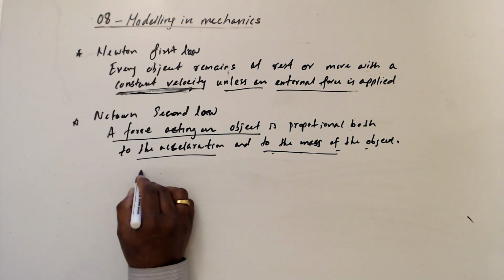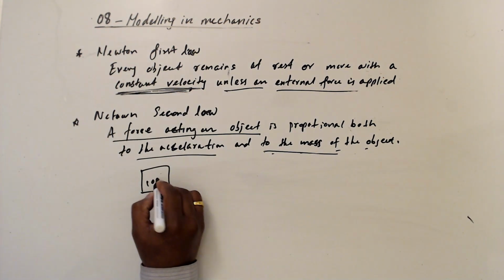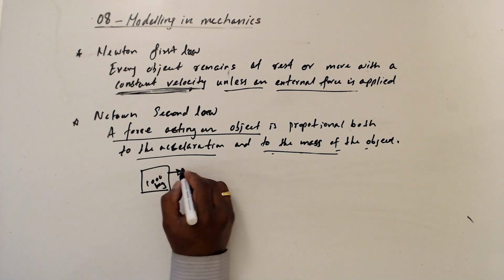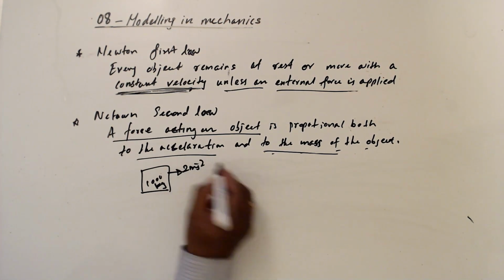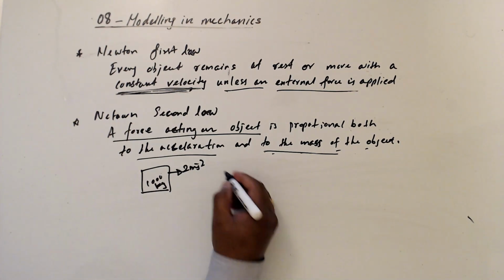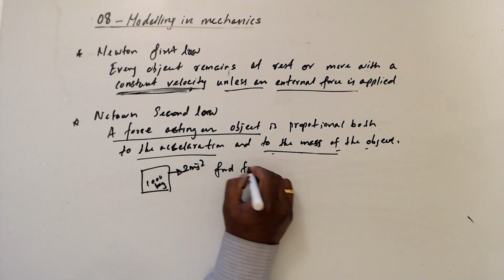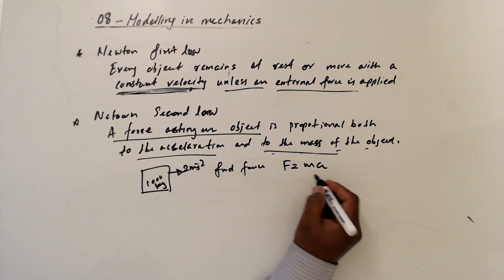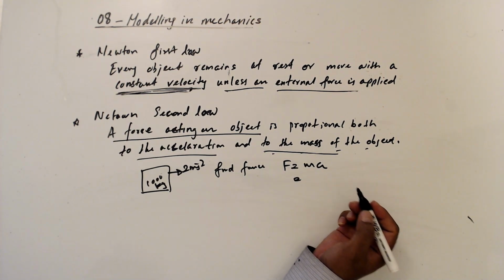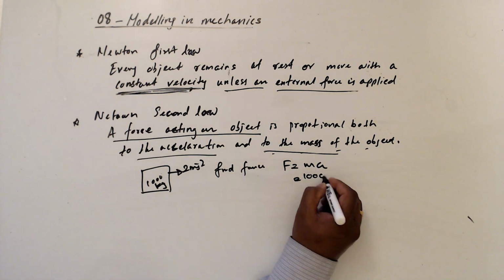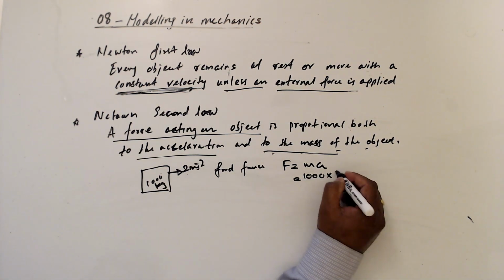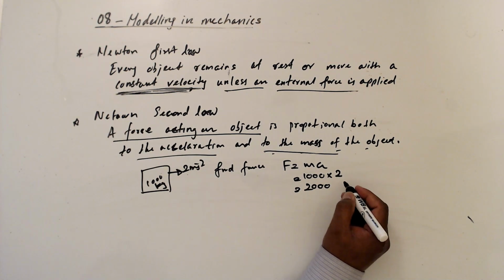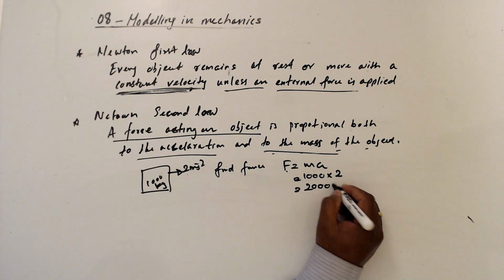Assume we have a mass of 1000 kg and I want to give an acceleration of 2 m s^-2, and I want to find the force. So the equation F equals ma. m is 1000 and a is 2. So the required force is 2000 Newton.